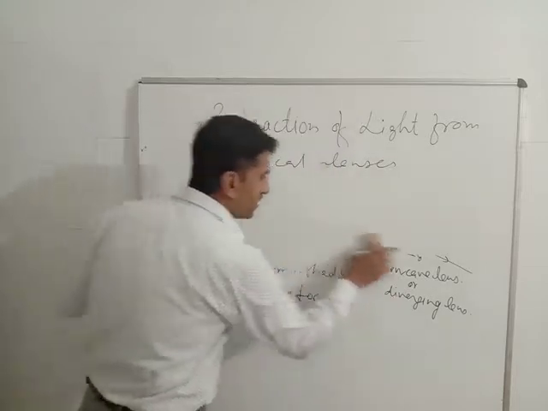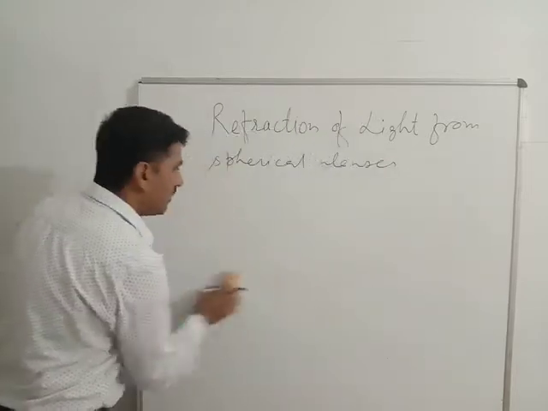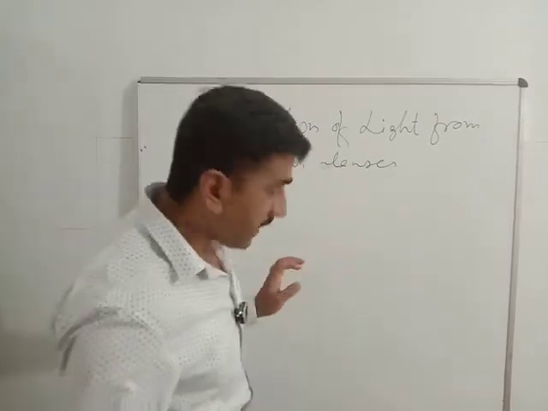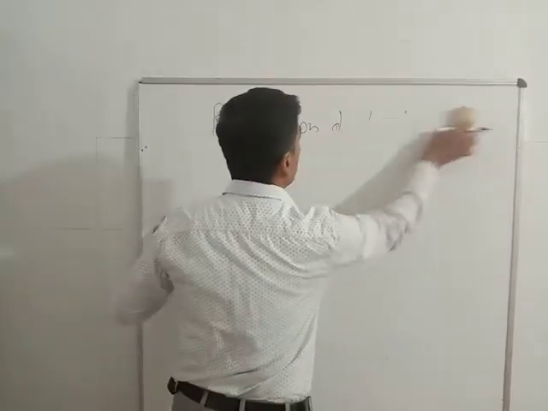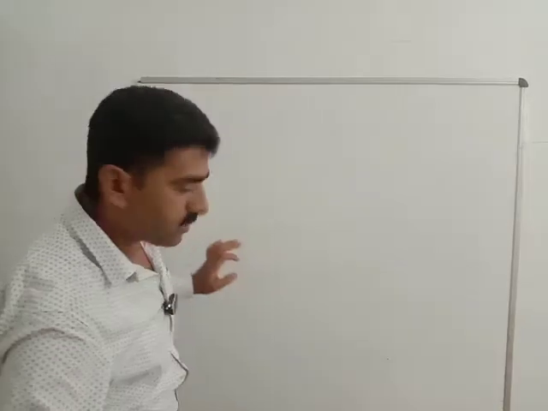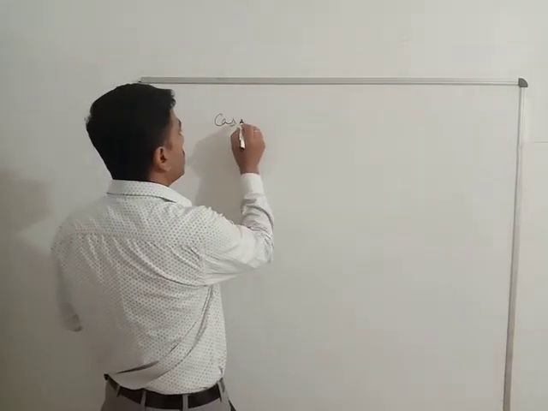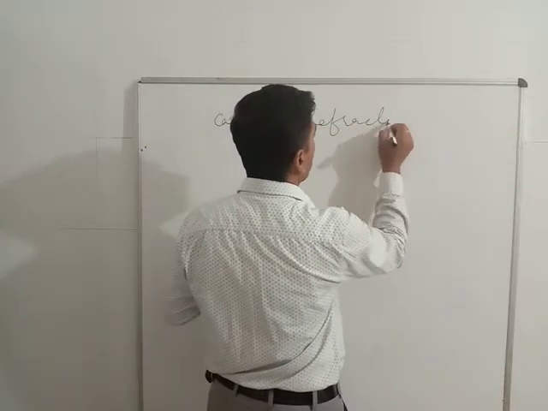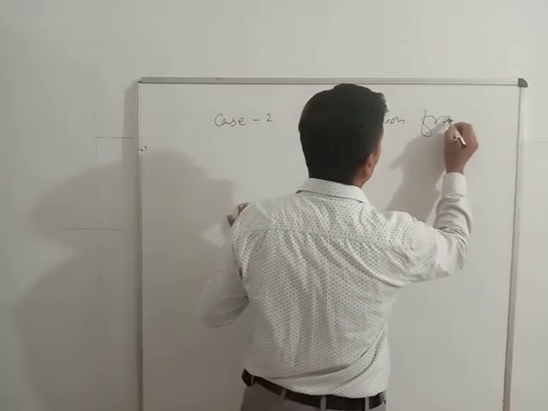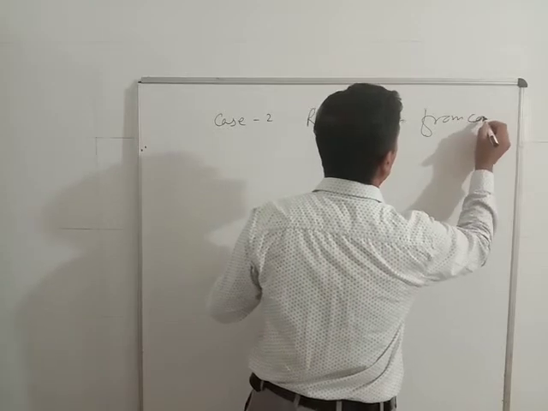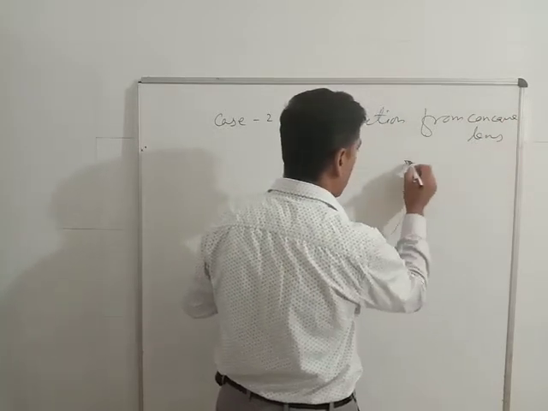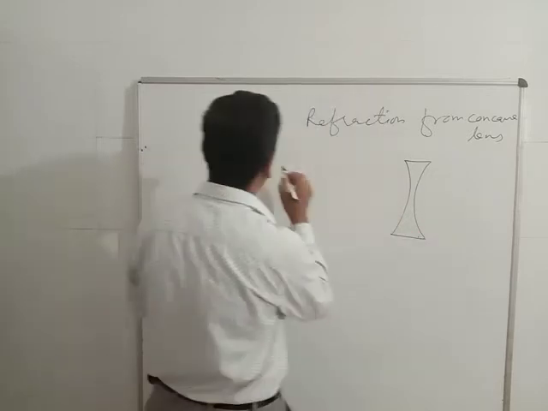So the second case, let's go ahead from the concave mirror. Case number 2. Let's do the case number 2. Refraction from concave lens. This is your concave lens where the object is placed.